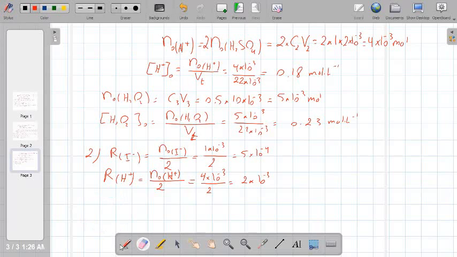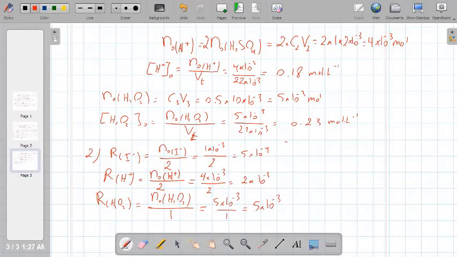Now the ratio for H2O2 equals N0 of H2O2 over stoichiometry, N0 of H2O2 equals 5 times 10 minus 3, over 1 equals 5 times 10 minus 3.